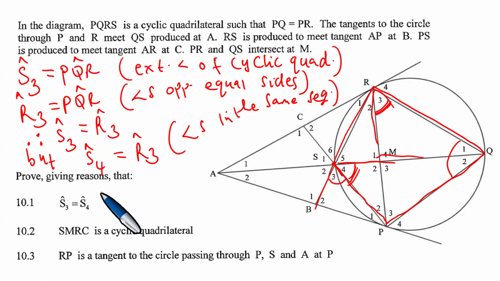The conclusion is that angle S3 is therefore equal to the angle S4. And this is what we were to show, that S3 equals S4, and we've proven this step by step. A very interesting question, and we've arrived at the answer to this question.